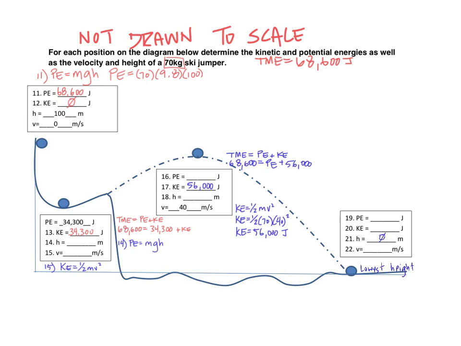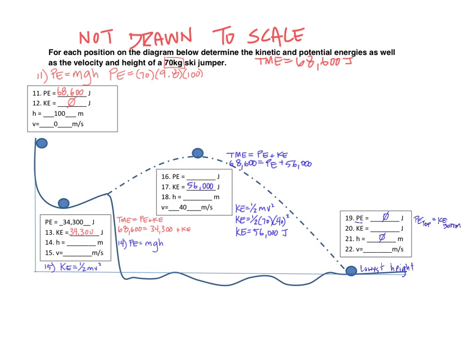If your height is 0, think about what form of energy is dependent on height. It's potential energy. If your height is 0, then your potential energy is also 0. If your potential energy is 0, then all the energy that the ball has has to be kinetic energy. So the potential energy at the top has to equal the kinetic energy at the bottom.